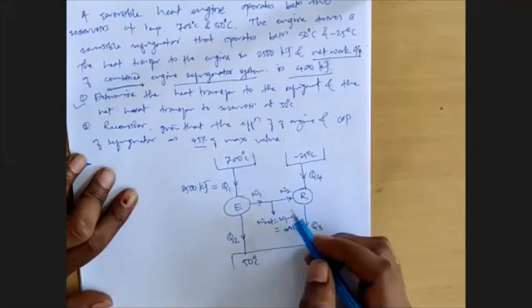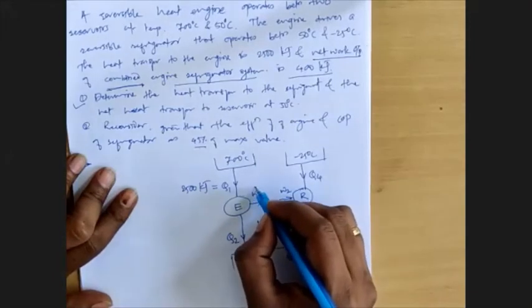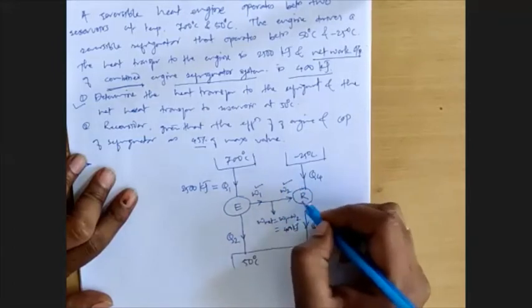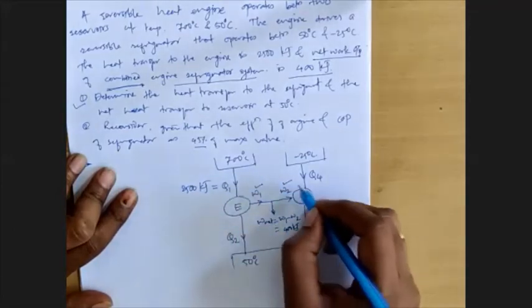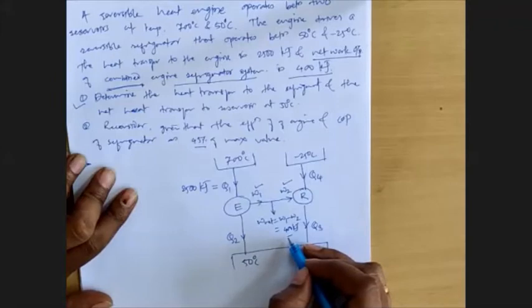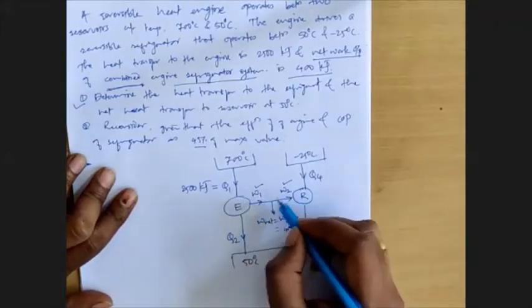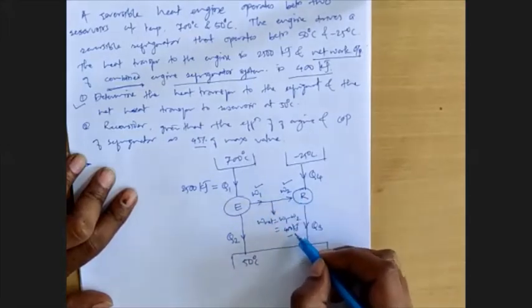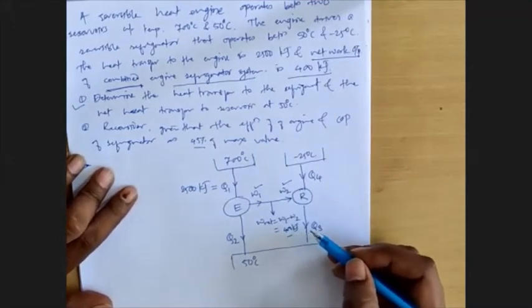So the work produced by the engine, W1, must be greater than the work requirement of the refrigerator. That's why when you add the work of the two, you get the difference of 400, because W1 is positive and W2 is negative: one is produced, the other consumed. So W1 minus W2 is 400 kilojoules. Is that fine now, Pratik? Yes, sir. Okay.